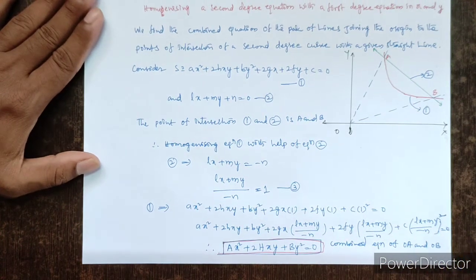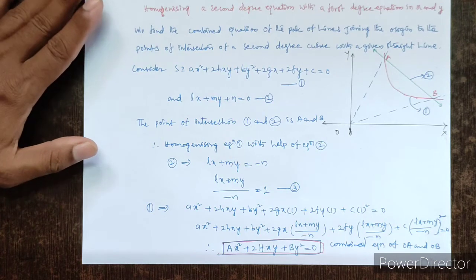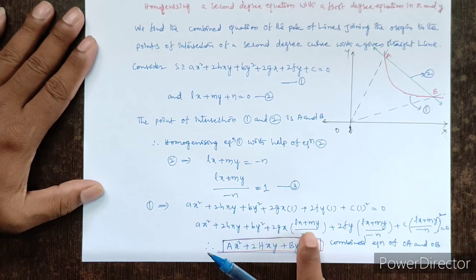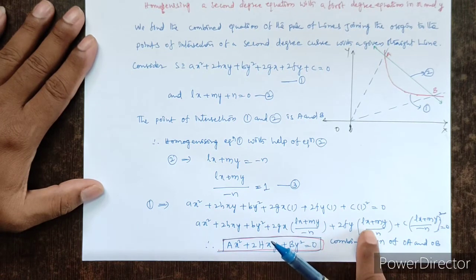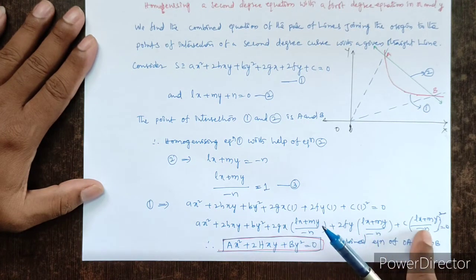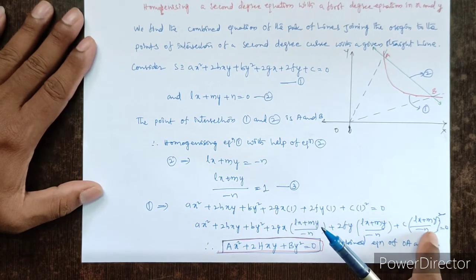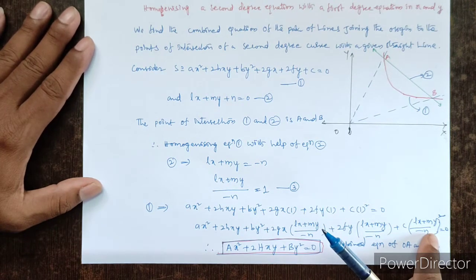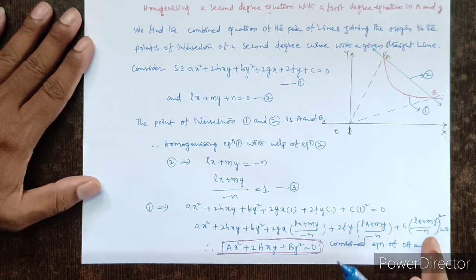So this is the method, where the x coefficient should be multiplied with 1, the y coefficient should be multiplied with 1, and the constant term should be multiplied with 1 square. Then the non-homogeneous second degree equation will become homogenized with the help of a first degree equation in x and y.